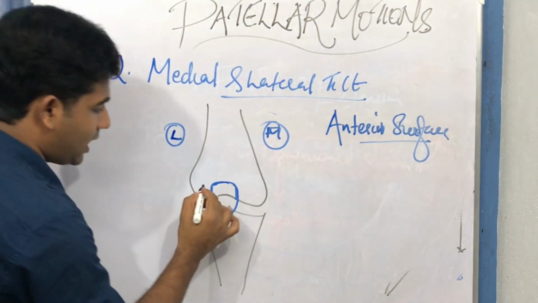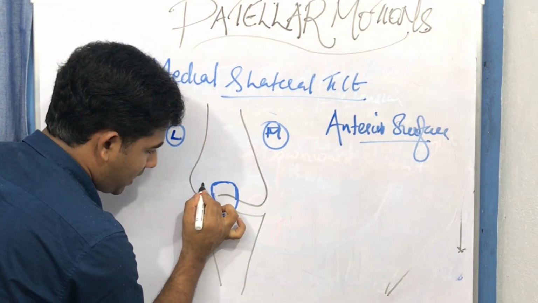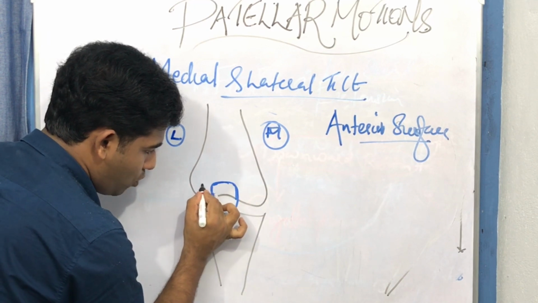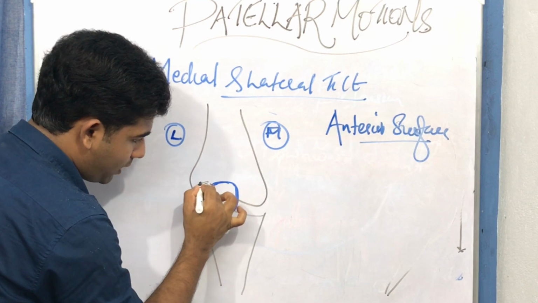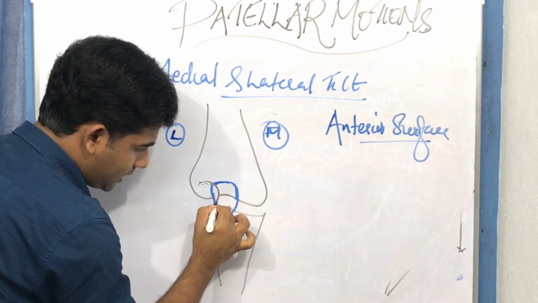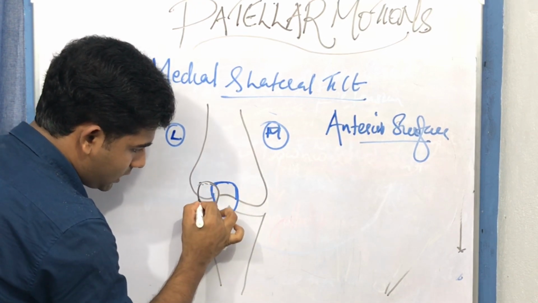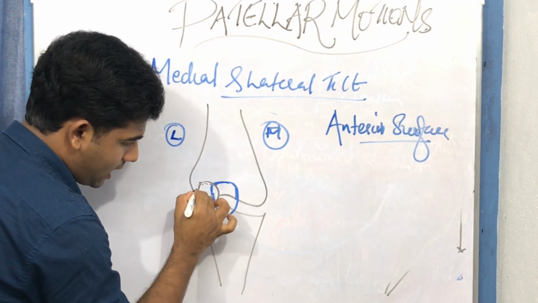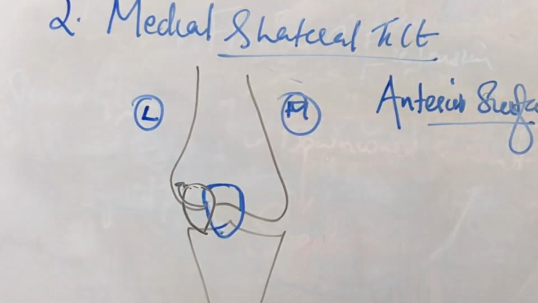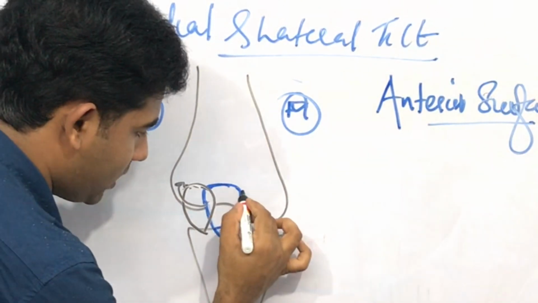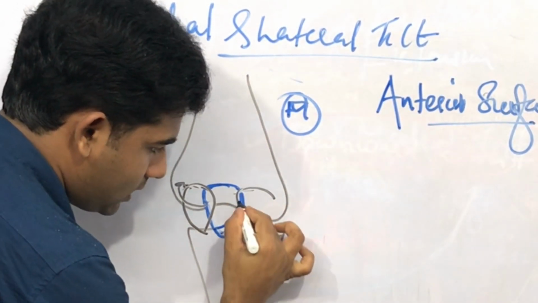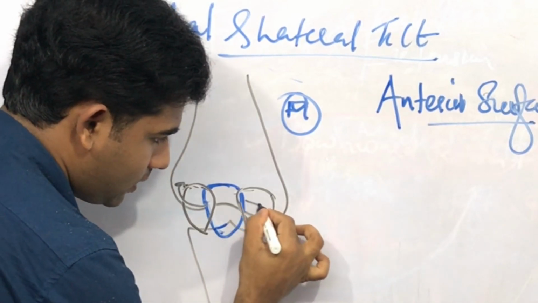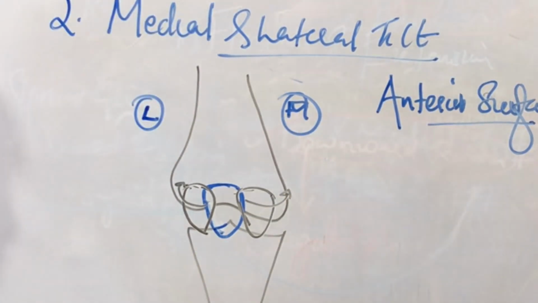First, let us take the lateral tilt of the patella. What is happening for the lateral tilt? The patella tilts to the side. You have the patella over here, it reaches around this side and moves in that direction. When the same patella moves to this side and tilts in this direction, this is known as the medial tilt of the patella.